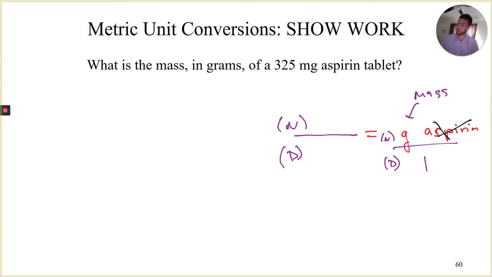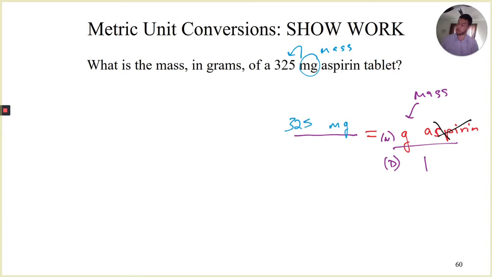So mass needs to appear in our answer in the numerator, which means in our work, the left-hand side, mass also needs to appear in the numerator. Well, what is milligrams a measure of? Mass. So that allows me to say that I want milligrams in the numerator. What do I want to have appear in front of the milligrams? Well, what appeared in front of it in the given information?